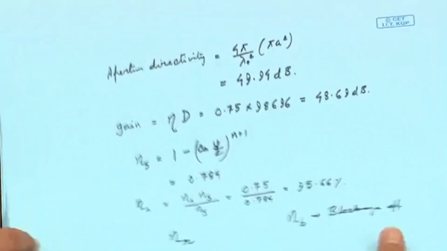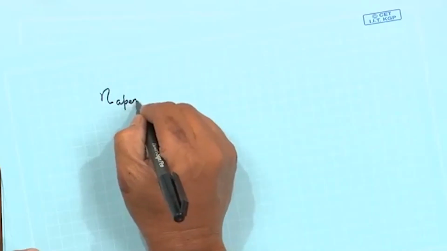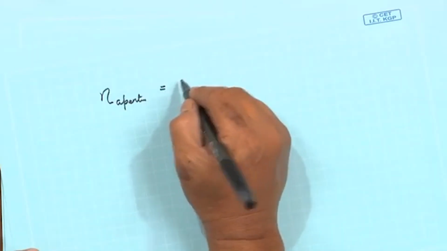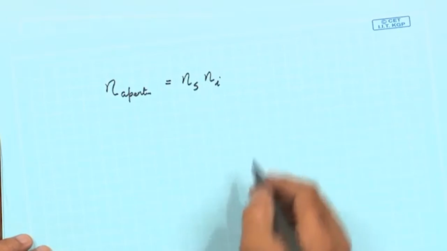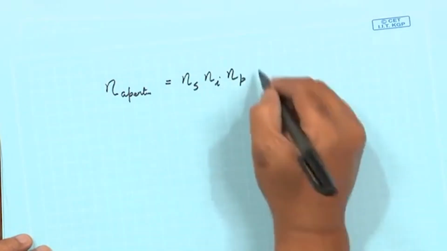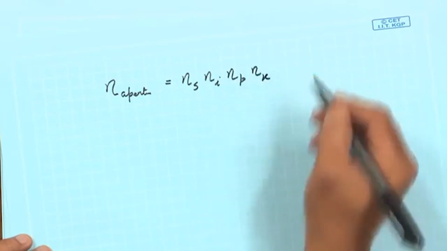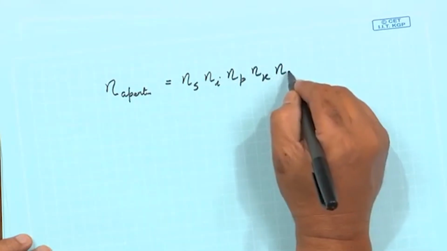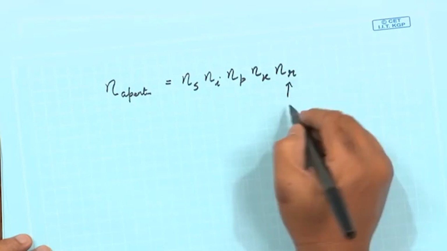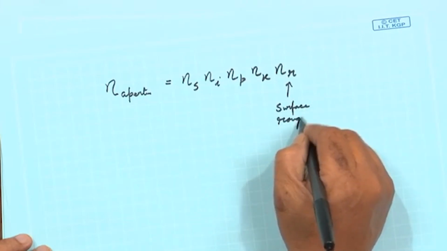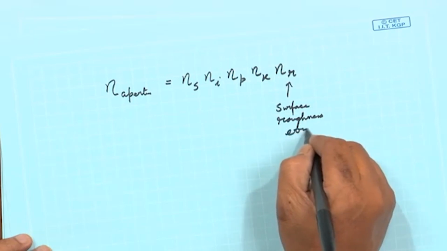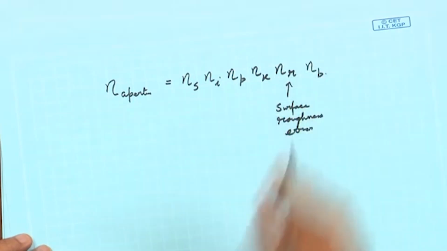So, finally, I write what are the efficiencies that are involved in the aperture efficiency. One is spillover efficiency, one is illumination efficiency, one is polarization efficiency, one is uniform field efficiency, then the surface error, I will say surface roughness error efficiency, and then the blockage efficiency.